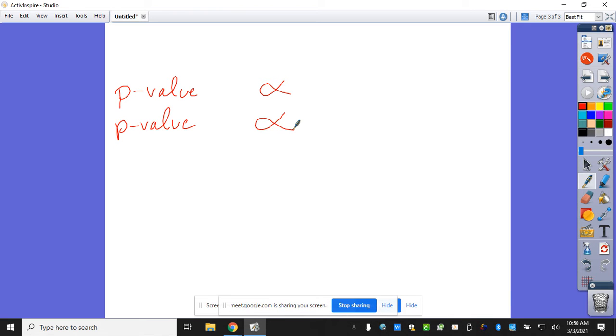When I get to right before concluding, I want to know if my p-value is what alpha, or not less than. If it is less than, then I do what? What did I call this one?